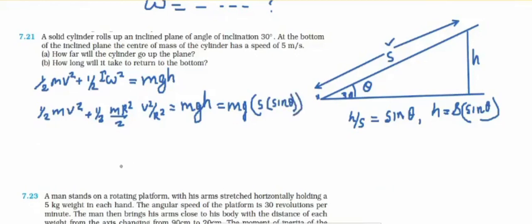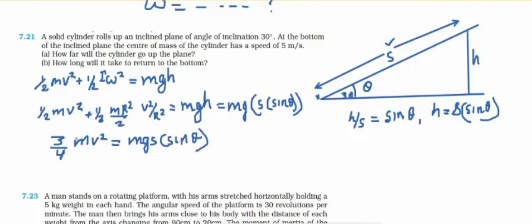Simplify the equation. When you simplify, you will get 3 by 4 mv square is equal to mg into s sine theta.